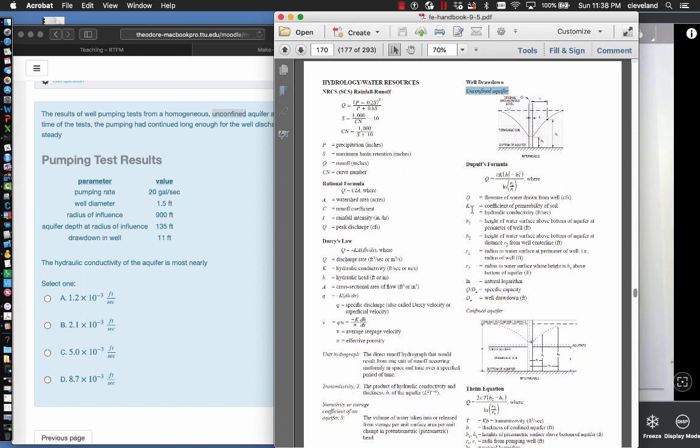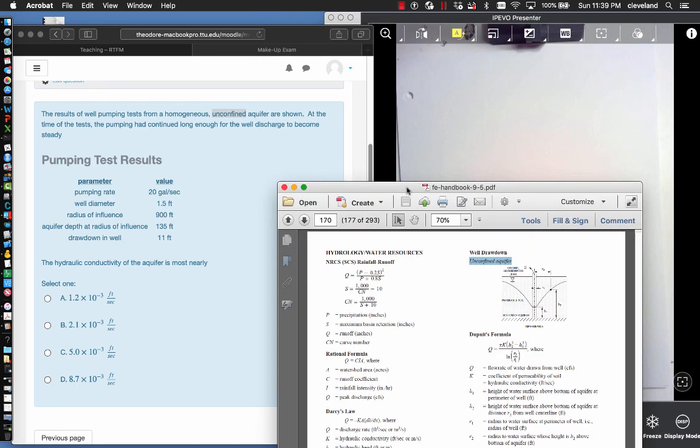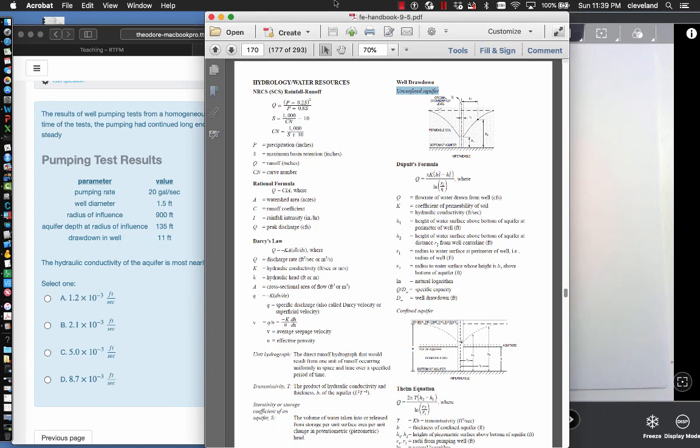The Dupuit formula says that Q is equal to pi times the hydraulic conductivity times the square of the head at position 2 minus the square of the head at position 1, divided by the natural logarithm of radius 2 over radius 1. We want to rearrange that equation to solve for the unknown value of K.